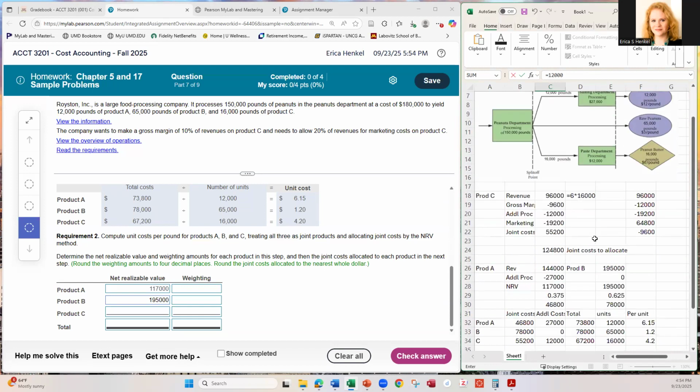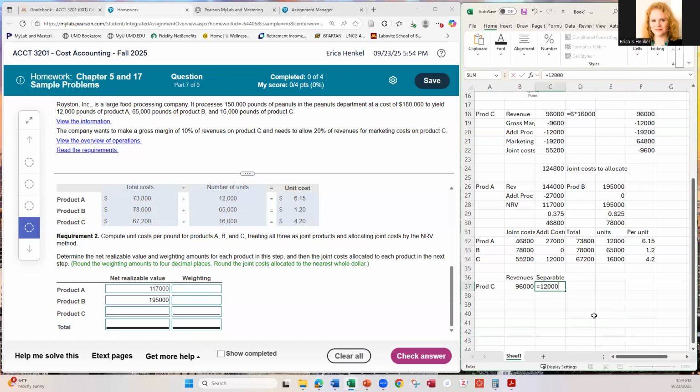Yeah, 12,000 in additional processing. And then we calculated also, oops, that we had those additional marketing costs. So separable costs are 31,200. So that gets us to a net realizable value of 64,800 for that one.